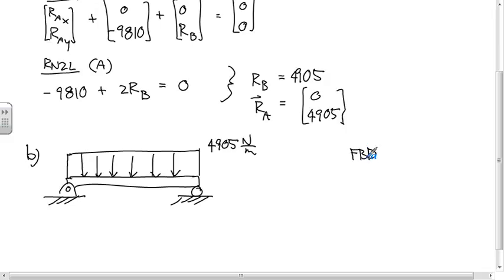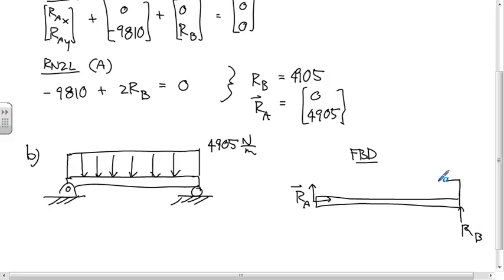Free body diagram. We have a force vector there, an upward force there, and a distributed force here.